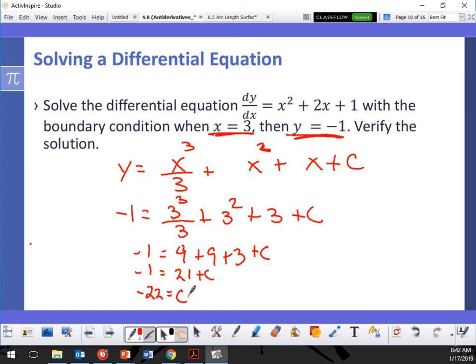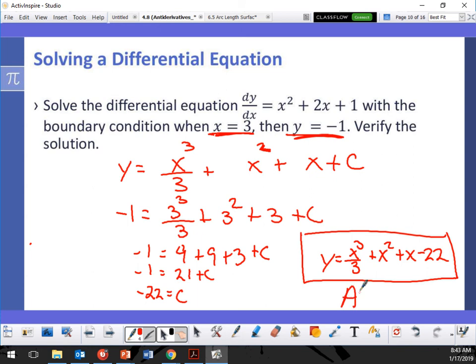So my one particular solution for this one is going to come out to be y equals x cubed over 3 plus x squared plus x, and then it's going to be minus 22. There we go. That's not bad, right?